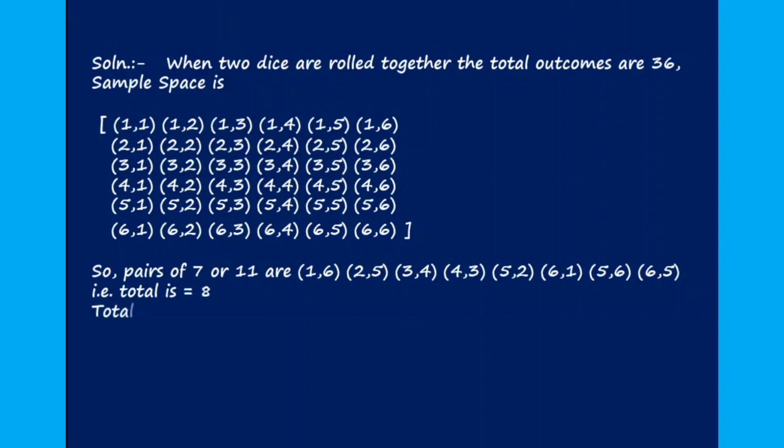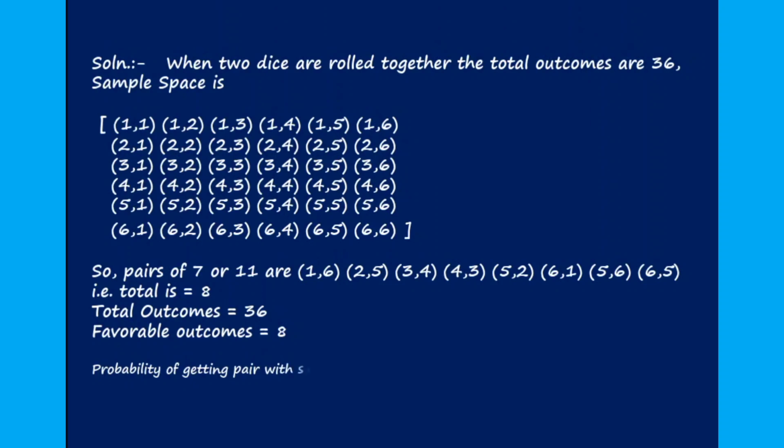And now the total outcomes are 36, from 1 1 to 6 6. And then the favorable outcomes are equal to 8. Then the probability of getting pairs with sum 7 or 11 is equal to favorable outcomes divided by total outcomes.